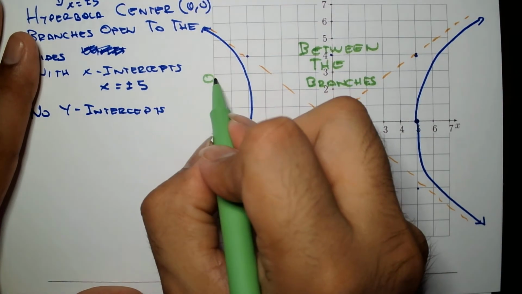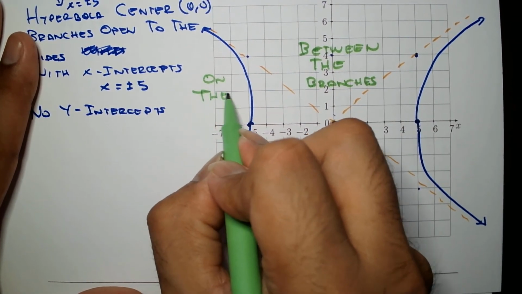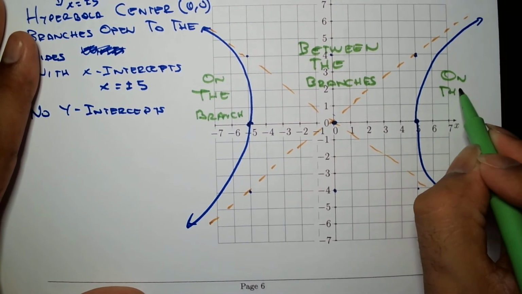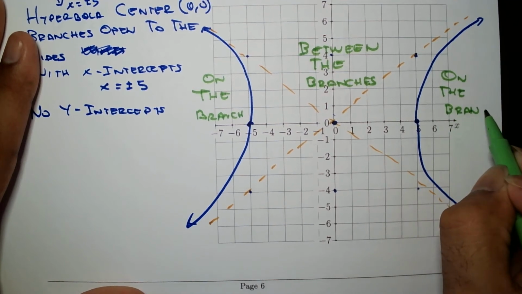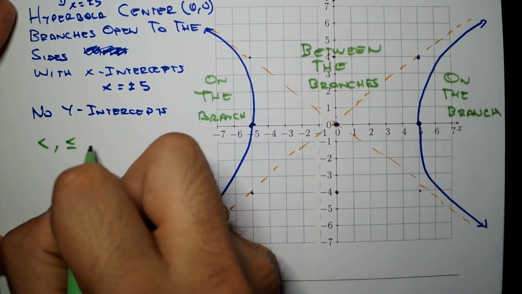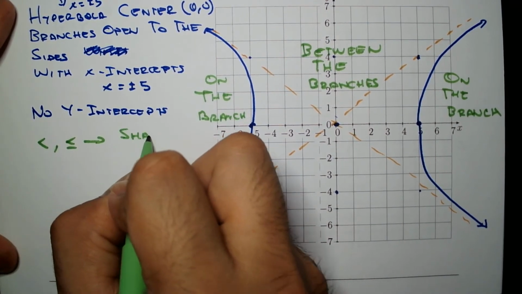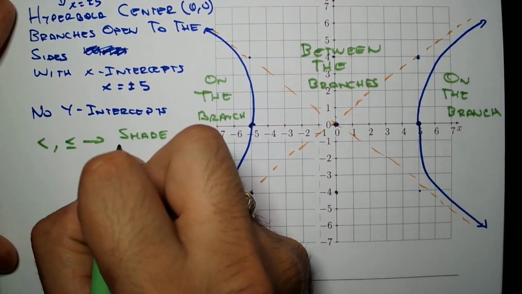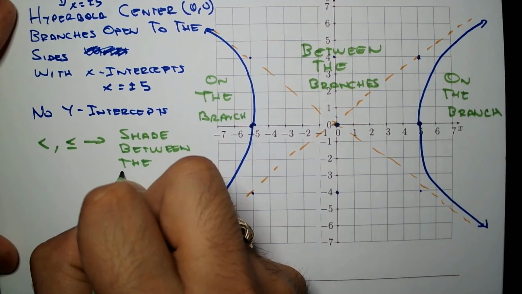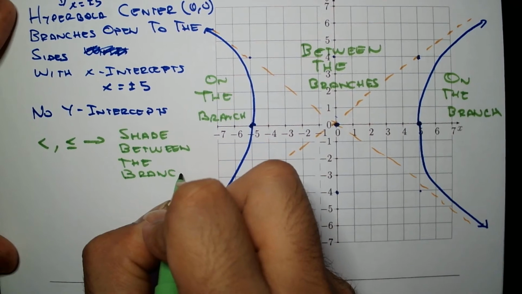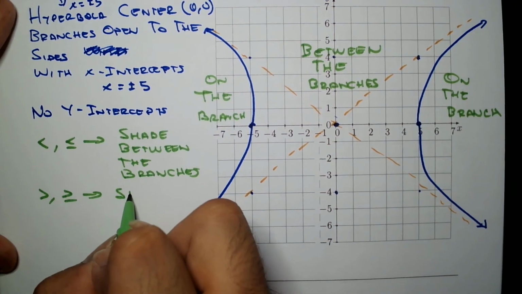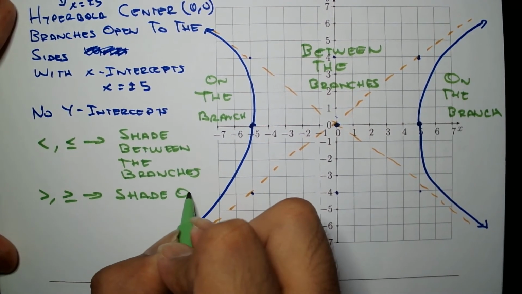And then on the branch, so, less than and less than or equal, shade between the branches. Otherwise, if greater than or equal, shade on the branches.